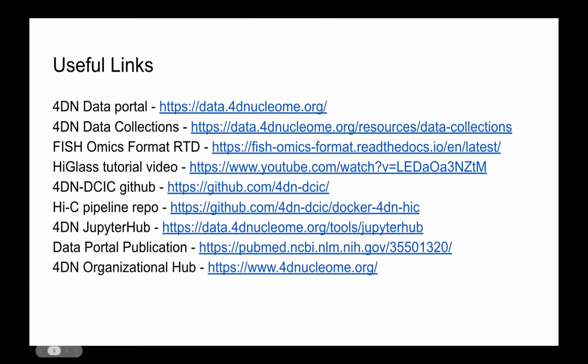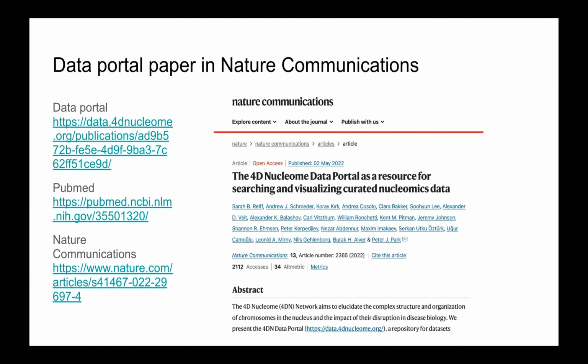And there's other useful resources. I do want to point out the 4DN Organizational Hub. We are the Data Coordination Center. They are the people who have a website that lets you know about upcoming events, has links to various standards and protocols that we use. So it may be useful to visit them as well.